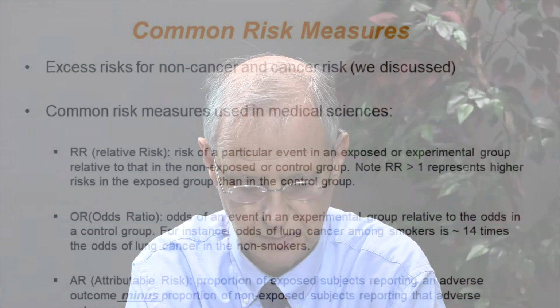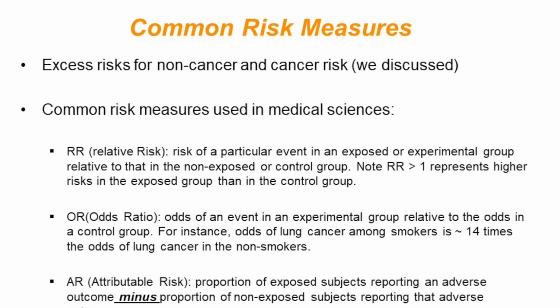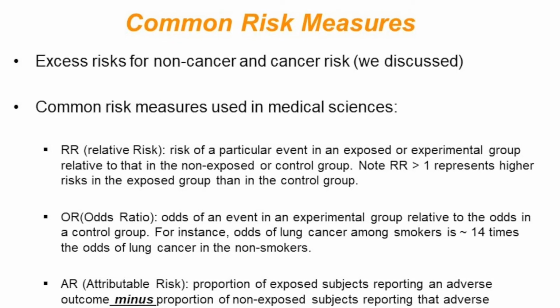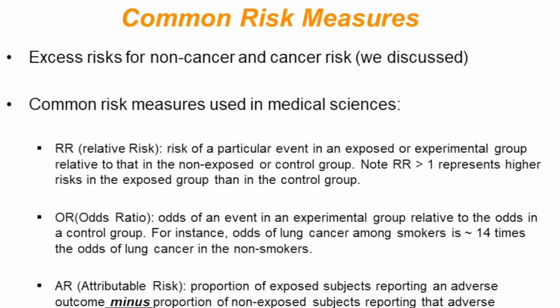Slide number 33 talks about these common risk measures, in addition to the excess risk of cancer and non-cancer, as we discussed. Now, in medical sciences, you often see two other measures used.